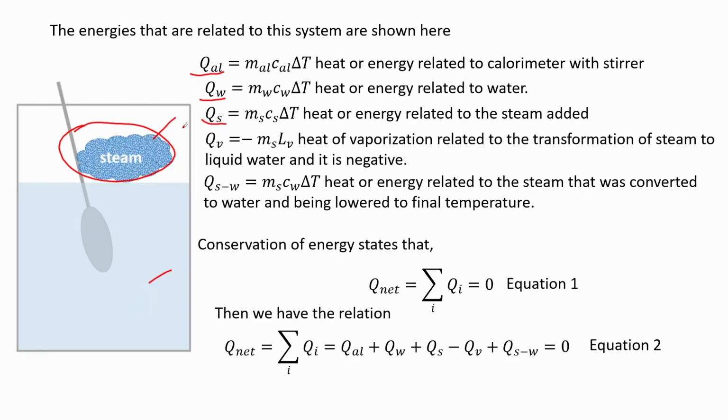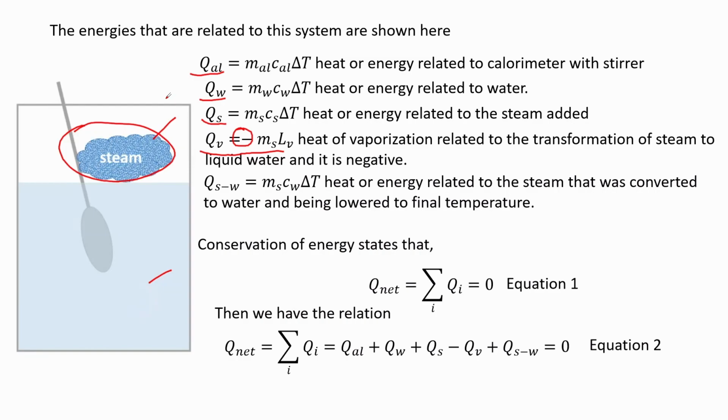Of course, the problem states that the steam has converted into water, so we need to add the latent heat of vaporization expression that is given by this expression here. We note that we assign a negative value here since the steam has turned into water. That means it is losing energy.